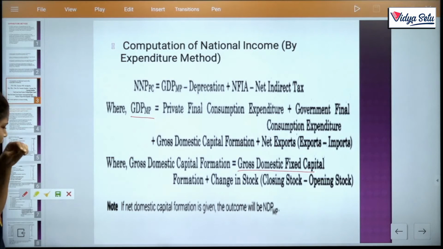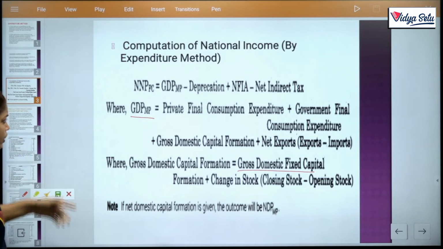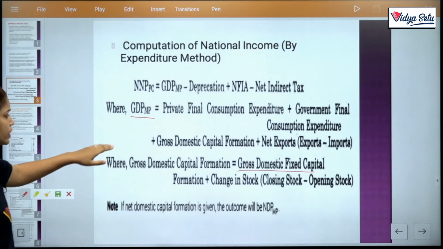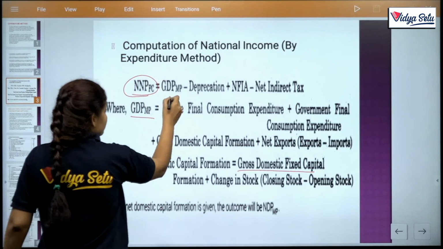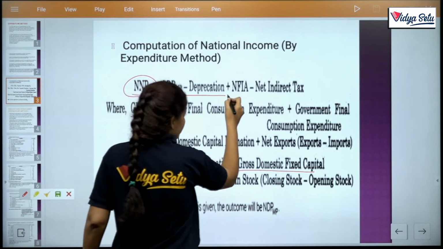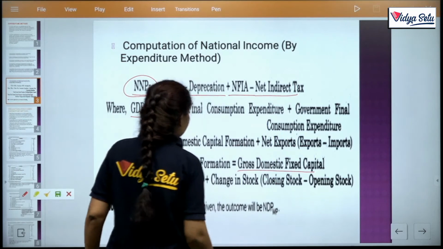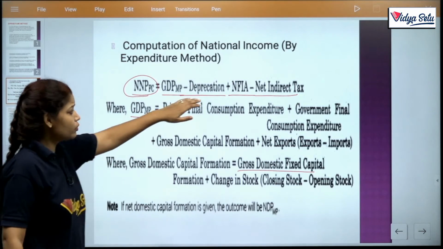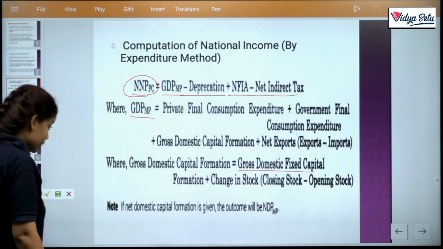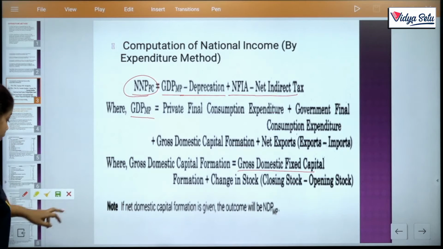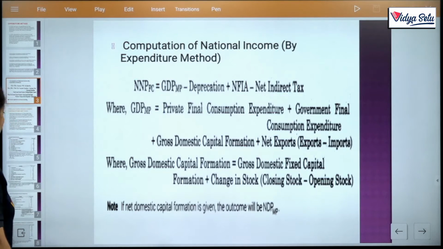Sometimes it is given in net also. We already discussed it. By this we get GDP MP, and to convert it into national income: GDP MP minus depreciation plus NFIA minus net indirect taxes. This is the work we already clearly understood about how to convert gross to net, domestic to national, and FC to MP.